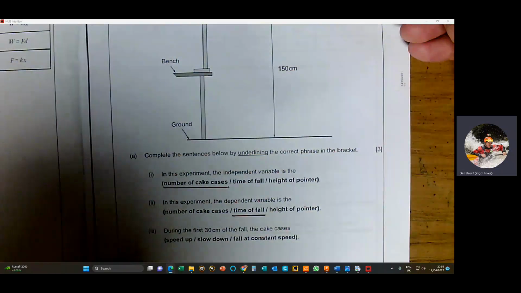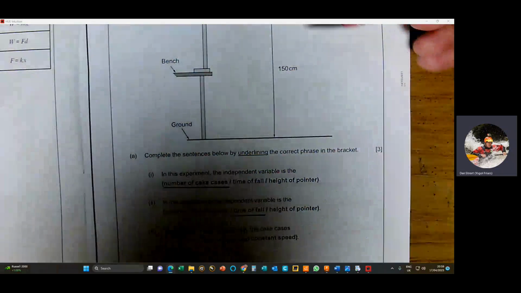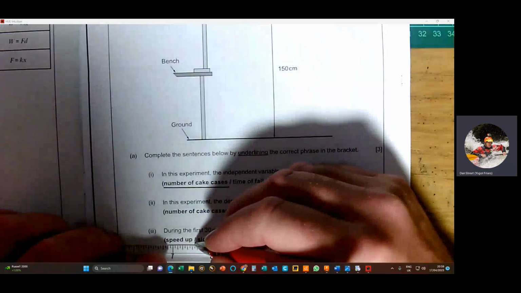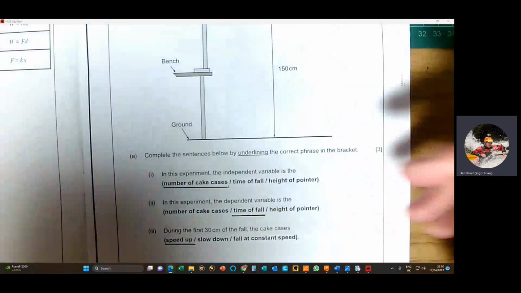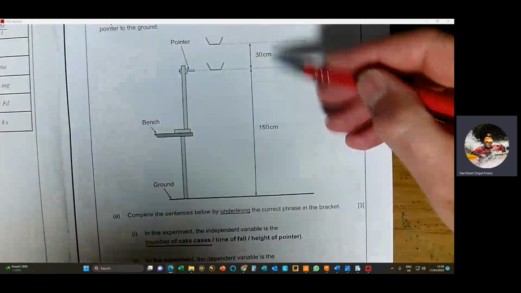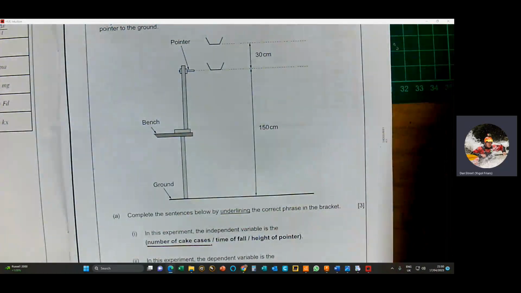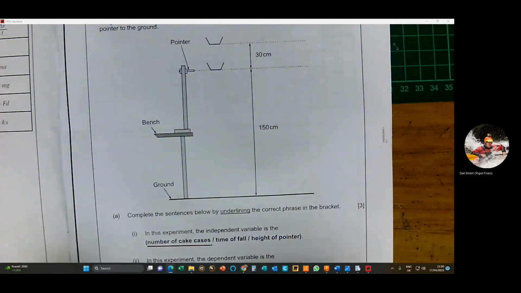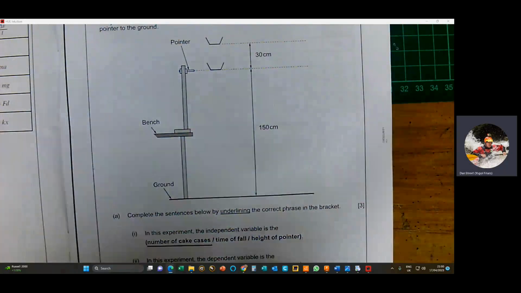And we can assume that in the first 30 centimeters of this fall, they are actually speeding up. The idea behind this experiment is that after those first 30 centimeters, they've actually stopped speeding up, and they've hit terminal velocity, the fastest that they can fall.